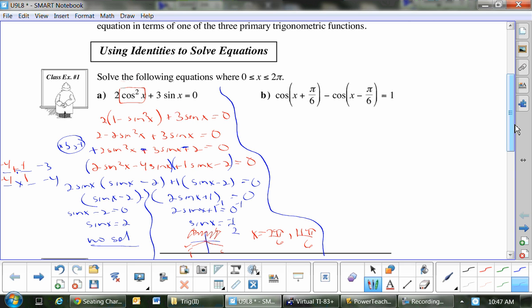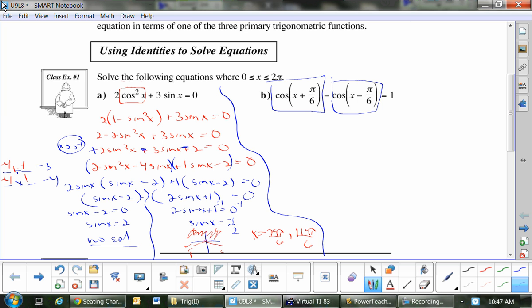So this could be the cos A plus B identity minus the cos A minus B identity. There's 2 identities in this one. So if it's a plus sign, I'm going to go to that equation.